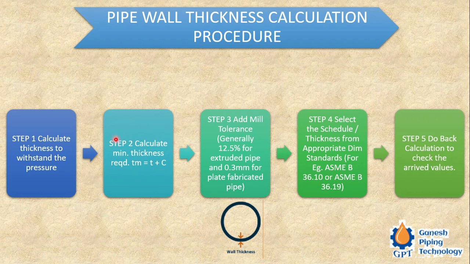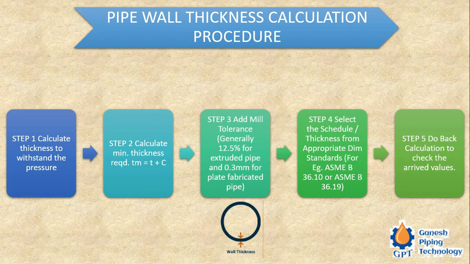What is that corrosion allowance? Corrosion allowance is the extra thickness given to the calculated thickness, because the life of the plant is 20 years or 7,000 cycles of heating and cooling, whichever is lesser.